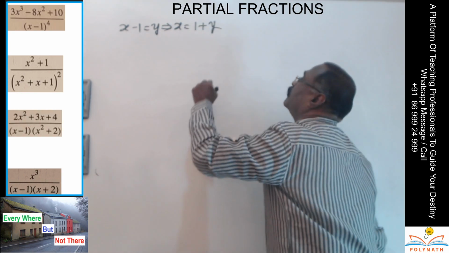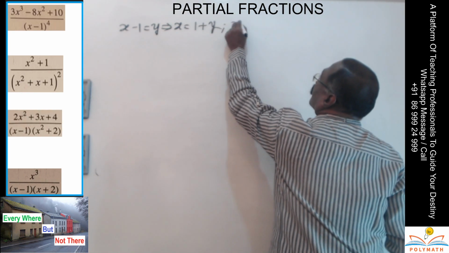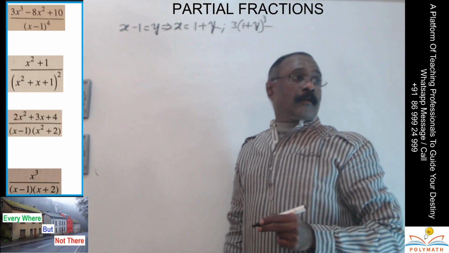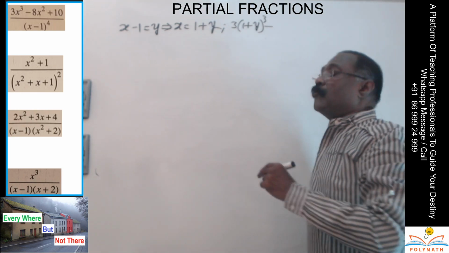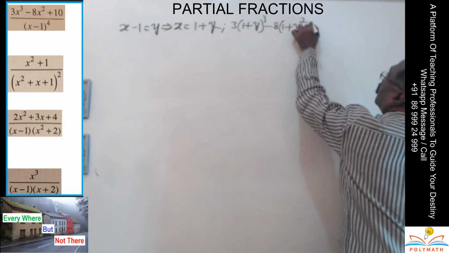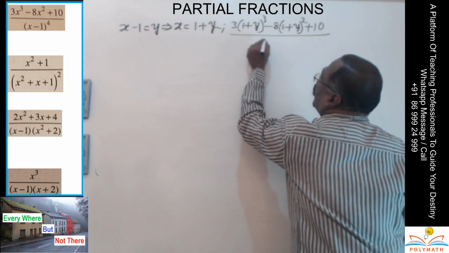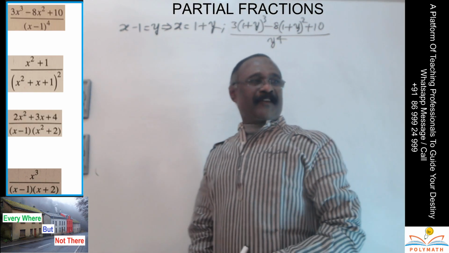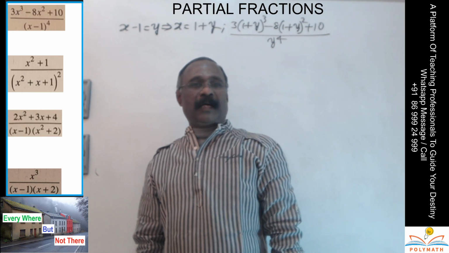Then replace the numerator. This is 3 into (1 plus y) whole cube, minus 8 into (1 plus y) whole square, plus 10, divided by y power 4. Because we have taken the denominator as y power 4.